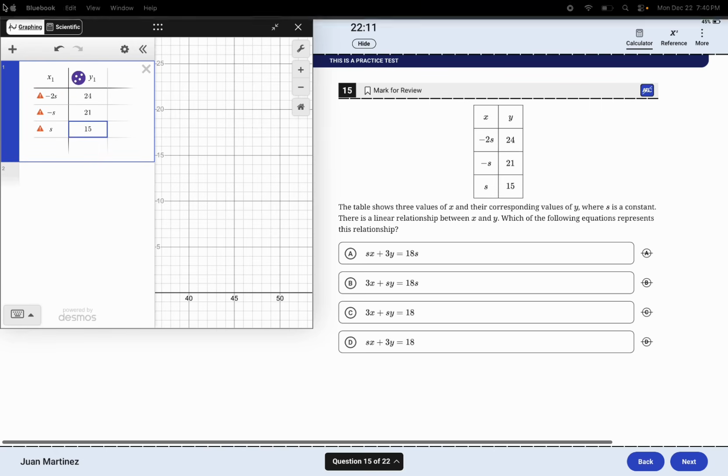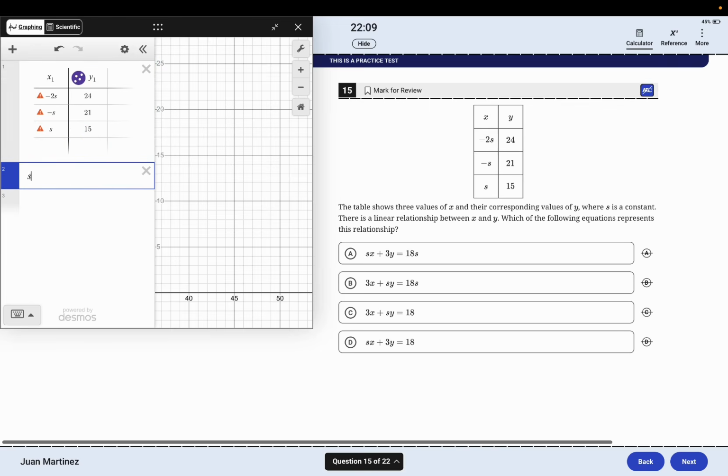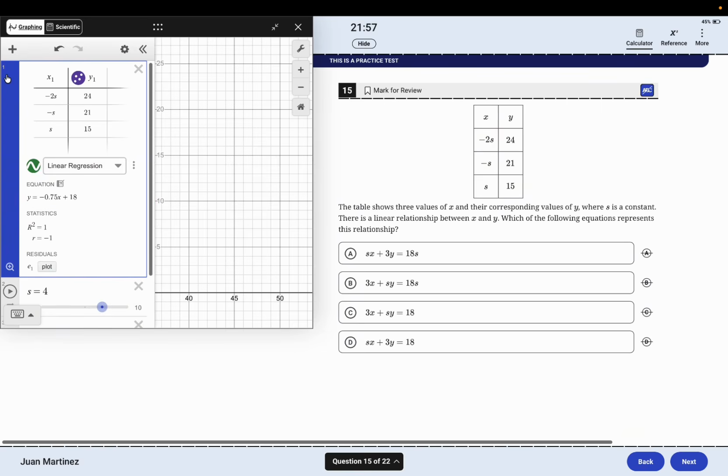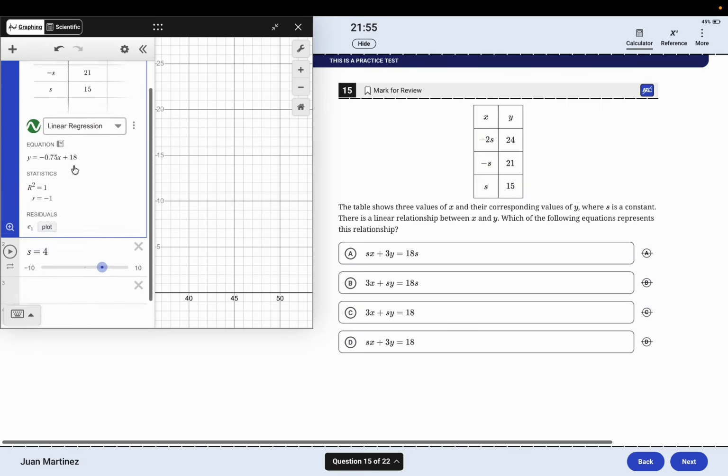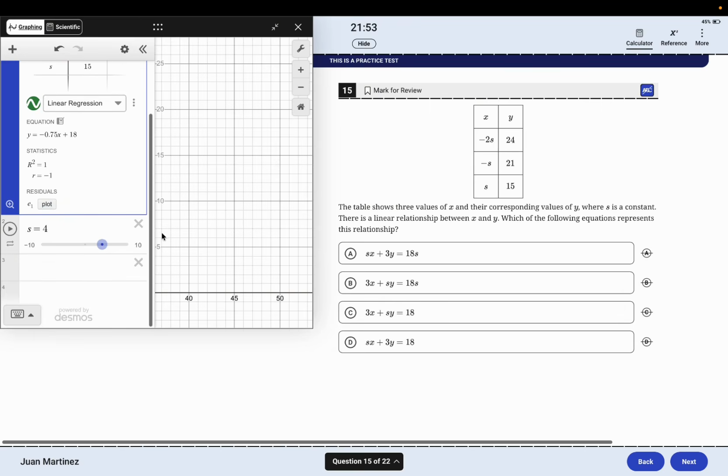21, 15. And now what you want to do is just pick a random number for s. So like I'll pick 4 or something. Essentially, it shouldn't matter what value of s it is, right? If you graph any of these, it should always be the same regardless of what s is.